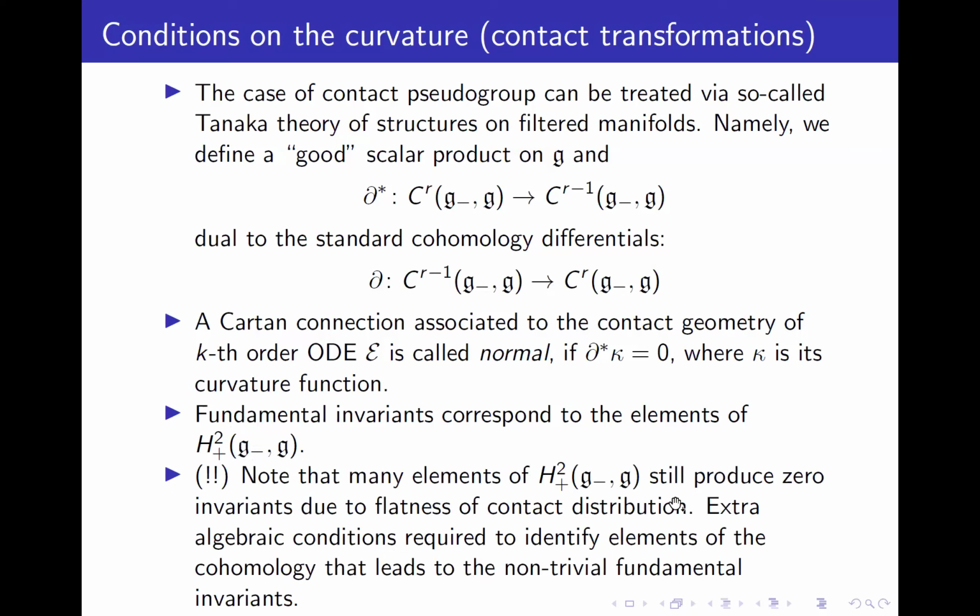Some of them correspond to expressions that vanish identically. So it needs some extra work to identify which of them are really non-trivial. But again, these are all algebraic details that can be handled, and that was done by me, I think, in 2001.